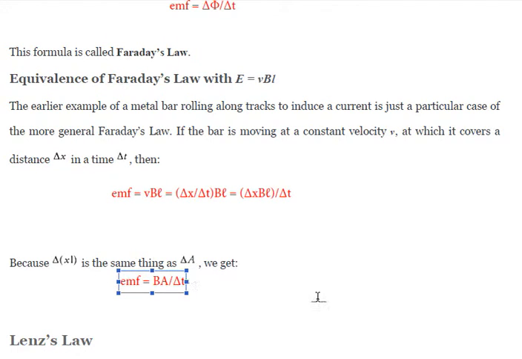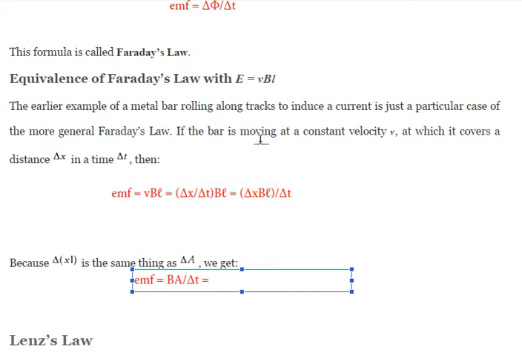But we know what BA is equal to. We set up an equation for that as well. B times A, that's the flux, the magnetic flux. So magnetic flux divided by delta t. EMF is change in flux over change in time, which is the equation that we said earlier is Faraday's law. We just set that up and showed why they're the same thing.